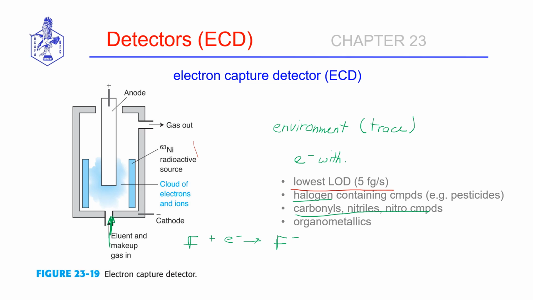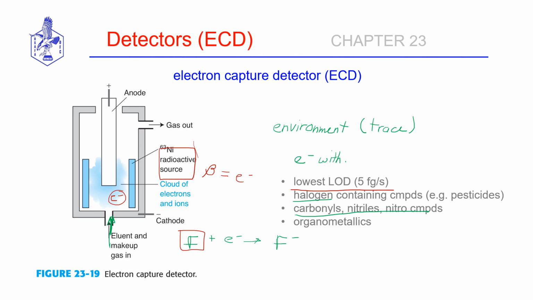So we have to actually have in the detector a radioactive source capable of producing beta particles, which essentially are electrons, negatively charged particles. So those are floating around here, ready to be absorbed by any electron withdrawing species in our structure.